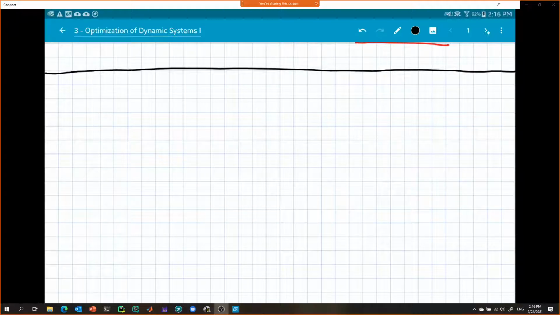Before we get to the dynamic system, we're going to optimize the continuous system.